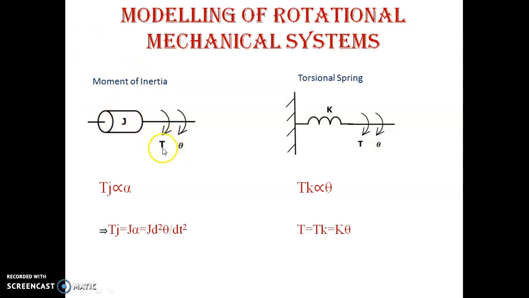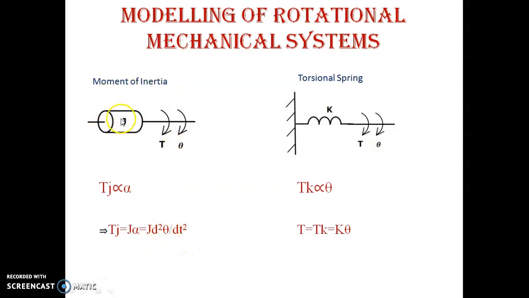So this is torque, this is theta. So T is proportional to alpha, right? So T is proportional to J d square theta by dt square, where theta is the displacement.